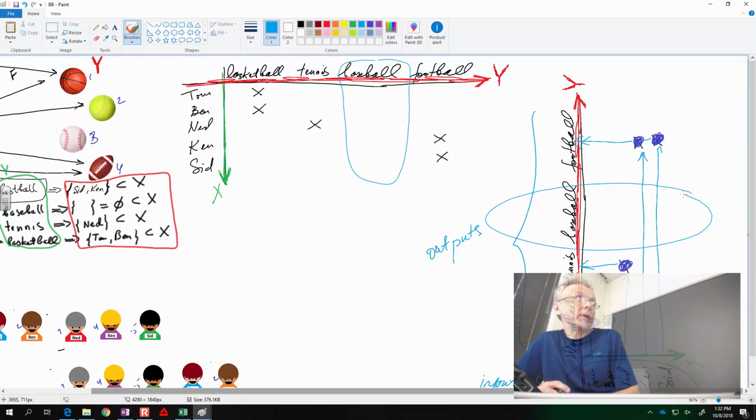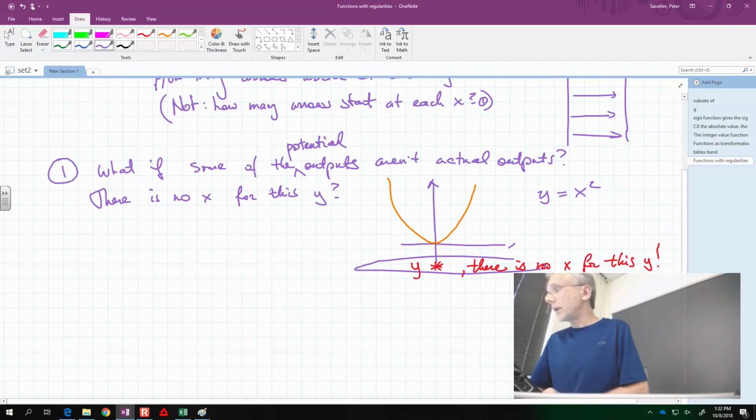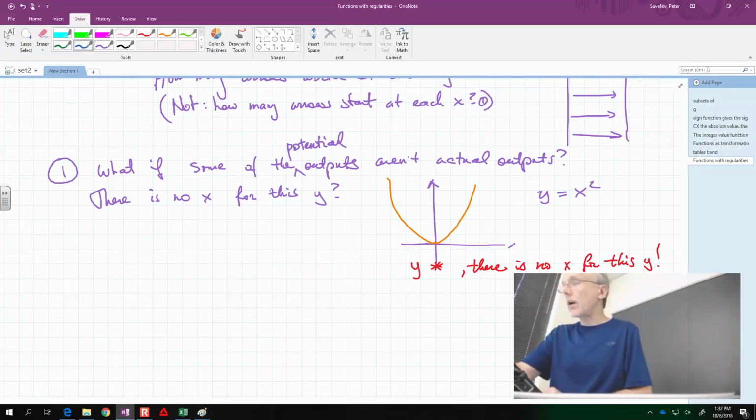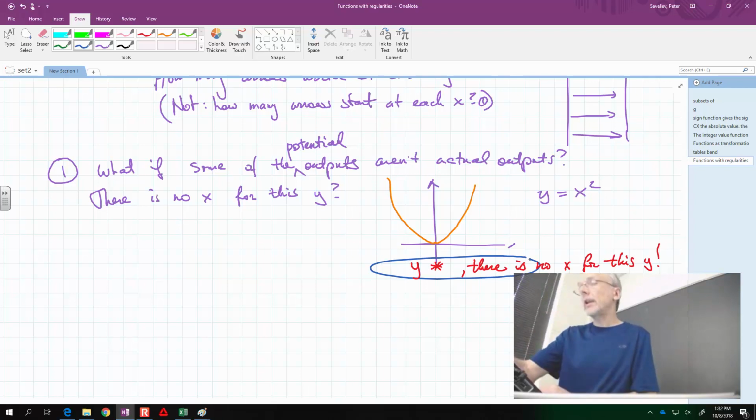But as you can see, there is nothing corresponding to baseball. Similarly, in the graph, if I try to find the corresponding x for this y, there is none. It's literally drawing the horizontal line from that point and finding no intersections with the graph.